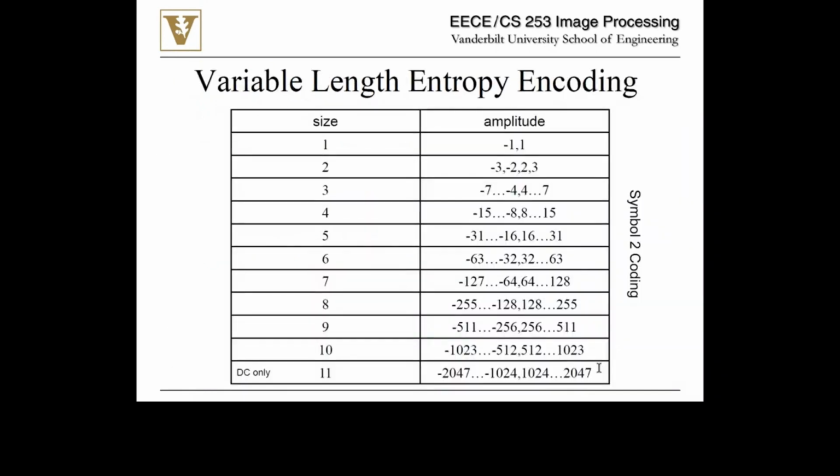Okay, so we have seen a few ideas from the standard. The standard is very complex, but you can see that they make a lot of clever decisions at every point to try to save space.